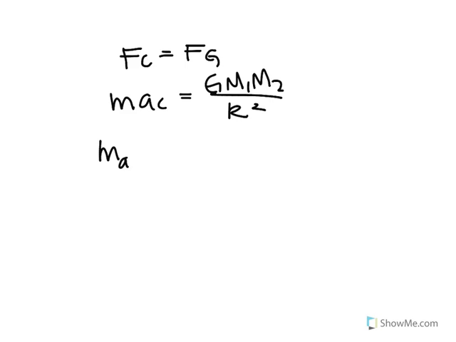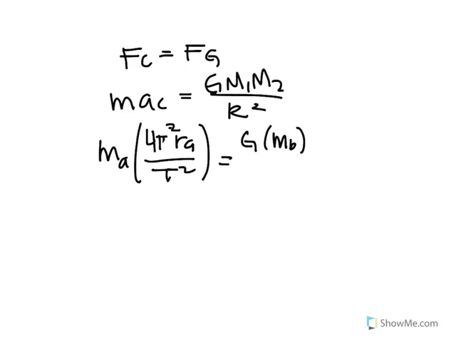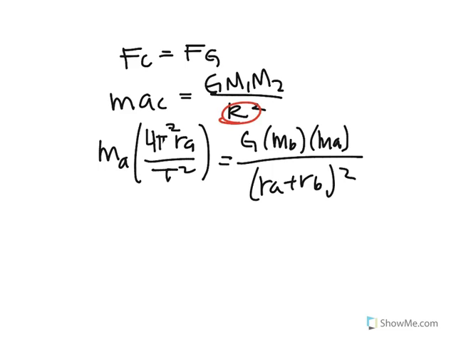So we put in our terms: mass of A multiplied by 4 pi squared RA over T squared is equal to G mass of B multiplied by mass of A divided by (RA plus RB) squared. Be careful of this radius because it's not just going to be RA, because this equation accounts for both masses, so you have to also account for both radii.